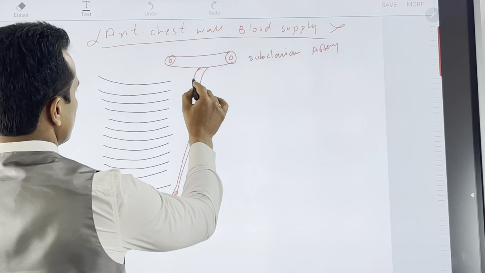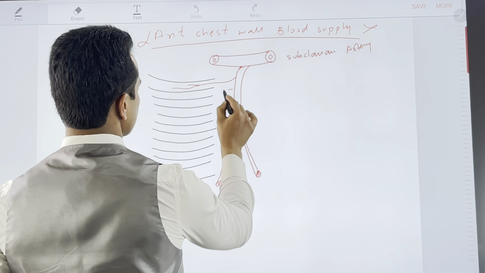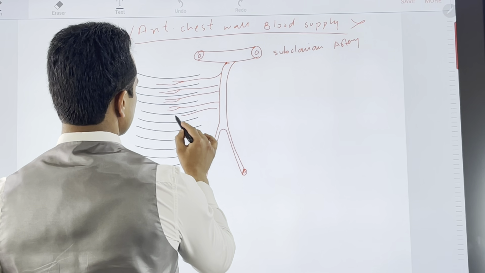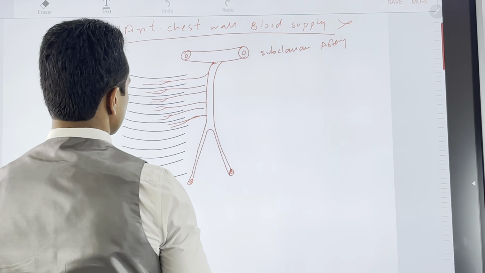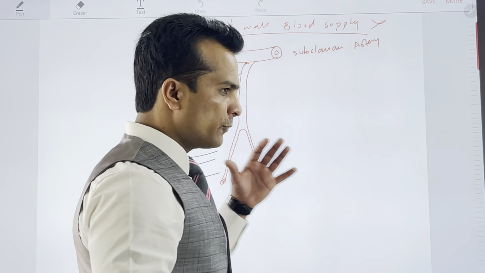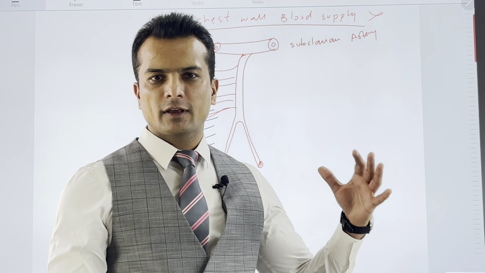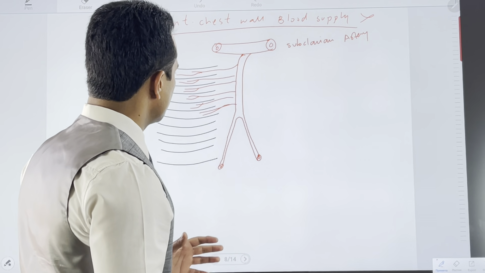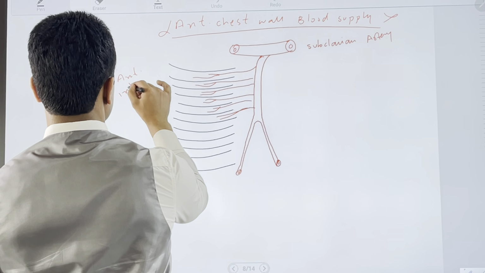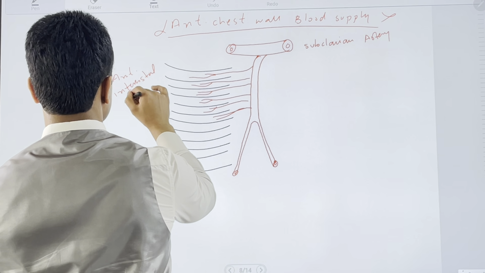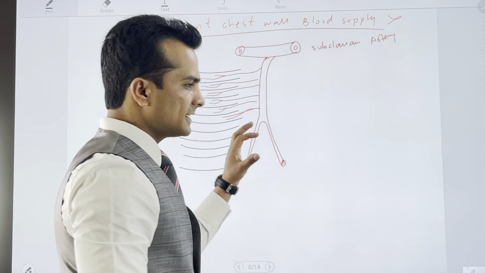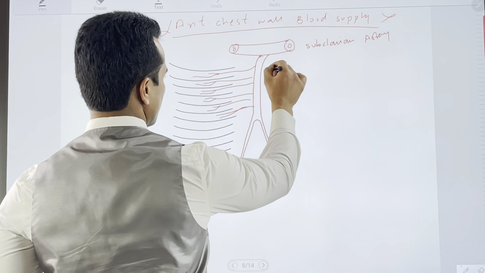The first 6 anterior intercostal spaces, 1, 2, 3, 4, 5, 6, right, receive blood supply from the anterior intercostal arteries, and these first 6 anterior intercostal arteries are branches of the internal thoracic artery.